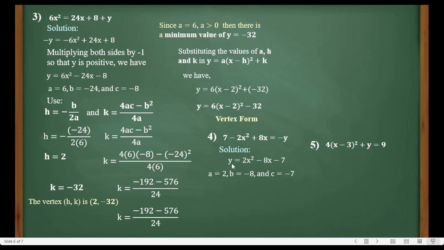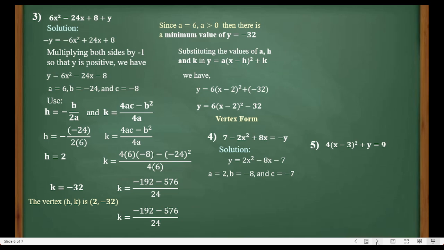Here it is. Every term from one side transposed to the right will change its sign. Then, why did we declare the a, b, and c values upon transforming this equation to standard form?